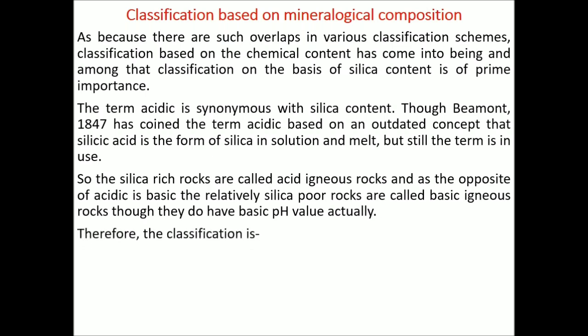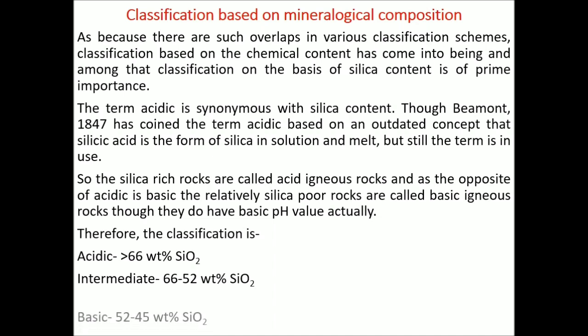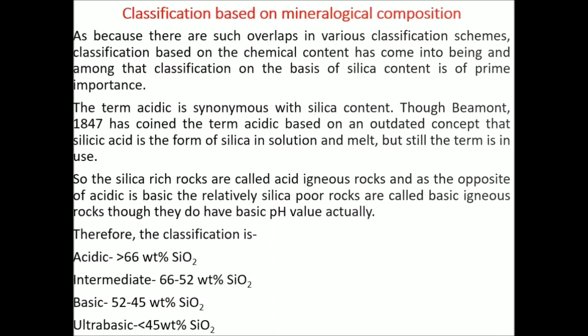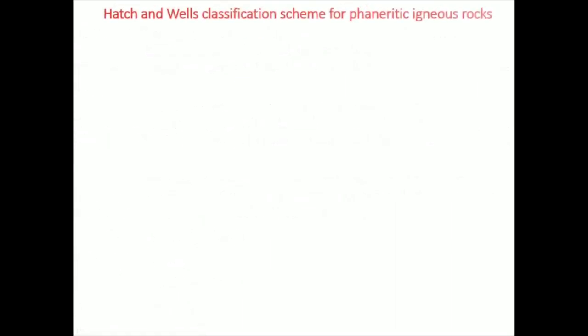This is the convention. Therefore, the classification is acidic, which contains above 66% SiO2; intermediate, which contains 52 to 66% SiO2; then basic, which contains 45 to 52% SiO2; and at last ultrabasic, which is less than 45% SiO2.